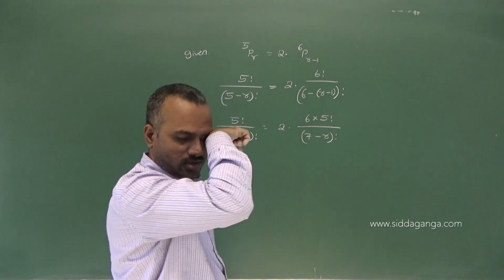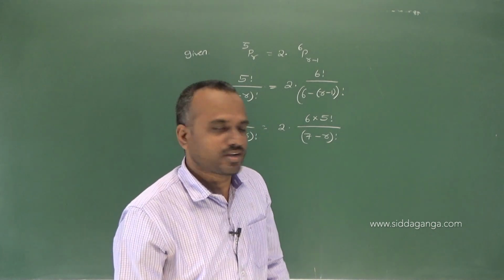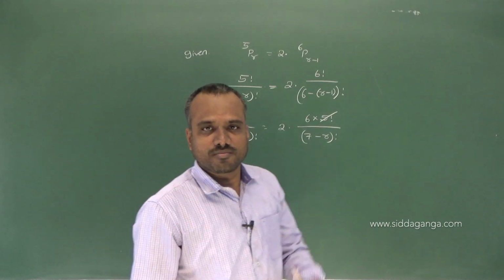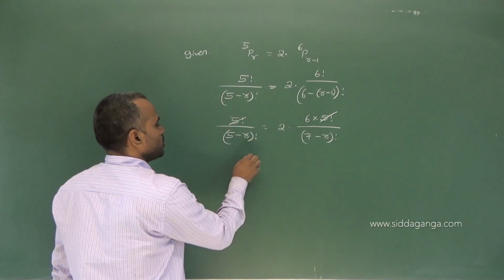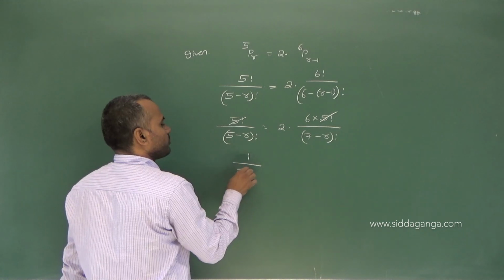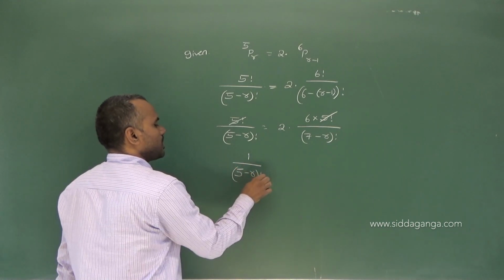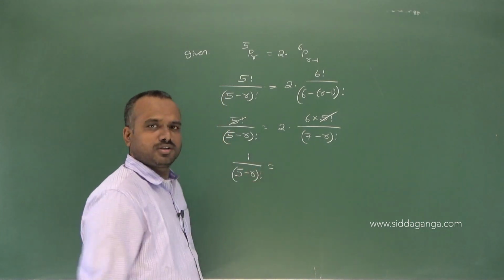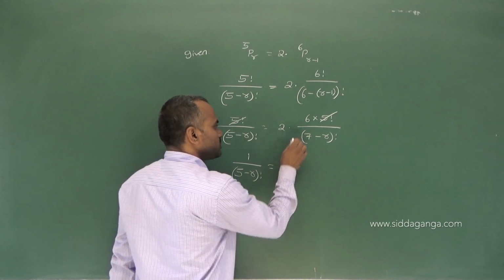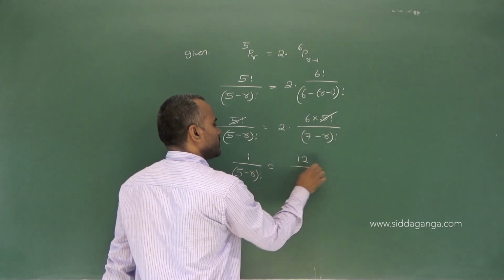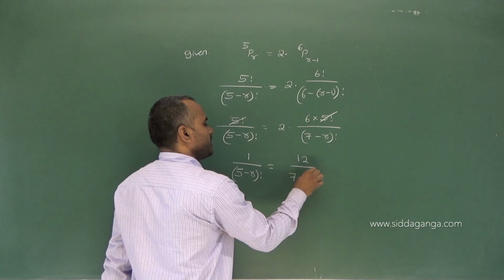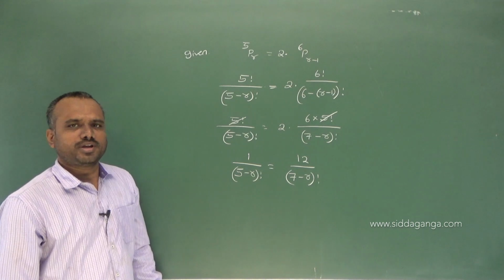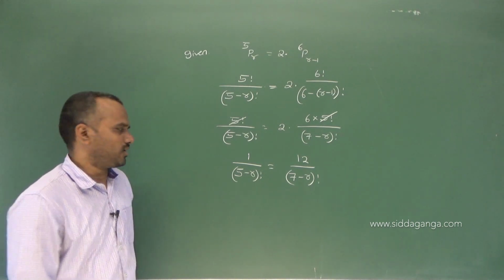Why I write 5 factorial? 5 factorial gets cancelled. 1 divided by (5-r) factorial is equal to 6 into 2, 12, divided by (7-r) factorial.